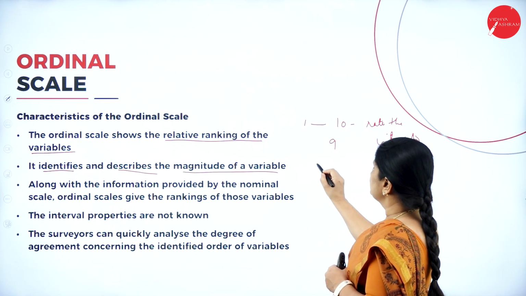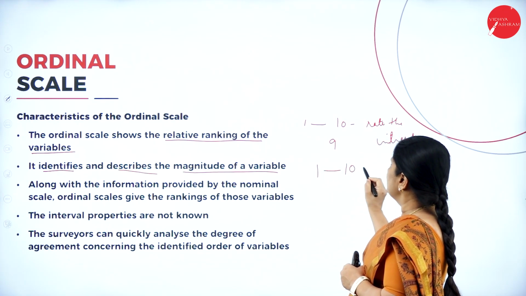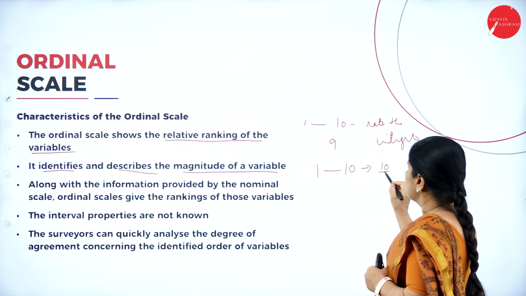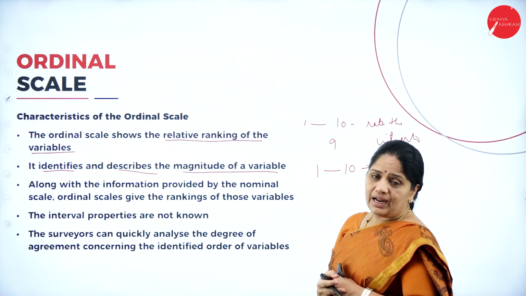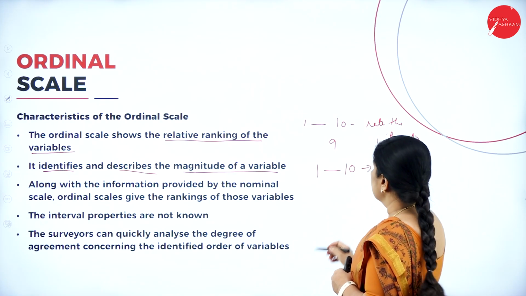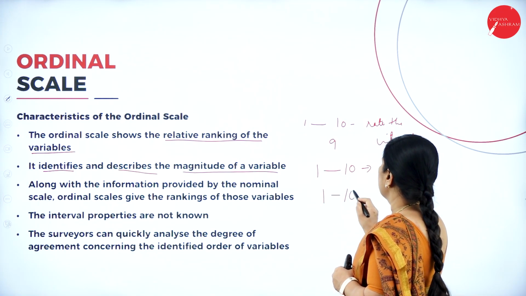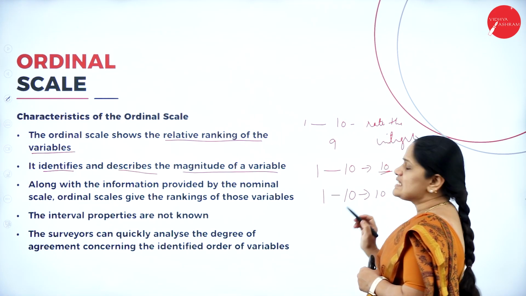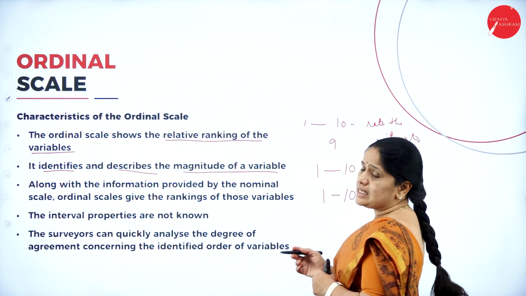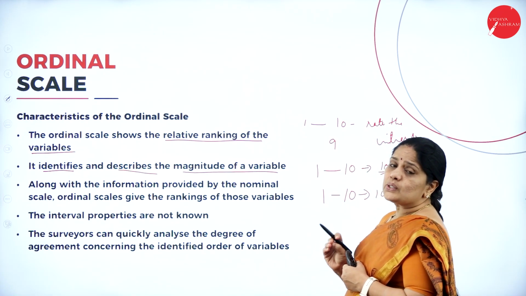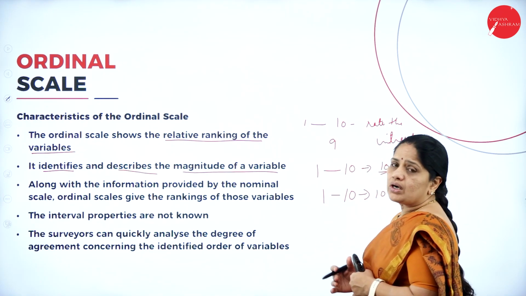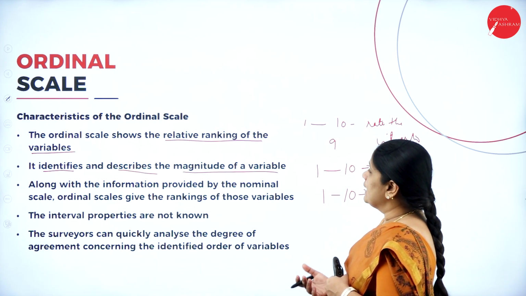Or how beautiful the rose is. Out of 1 to 10, if I give 10, the rose is a very beautiful flower. Again, in case of singing, out of 1 to 10, if the person gets 10 marks, then it means that the person is absolutely good in singing. That is what we mean by ordinal ranking.